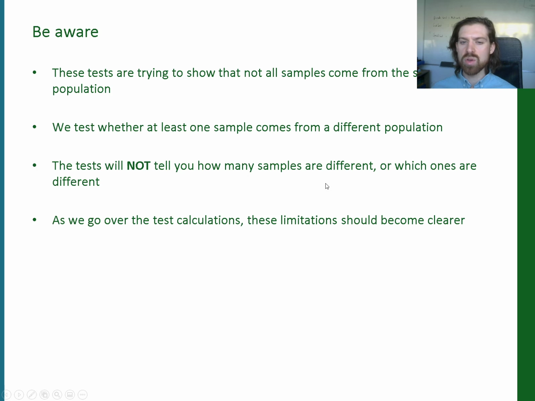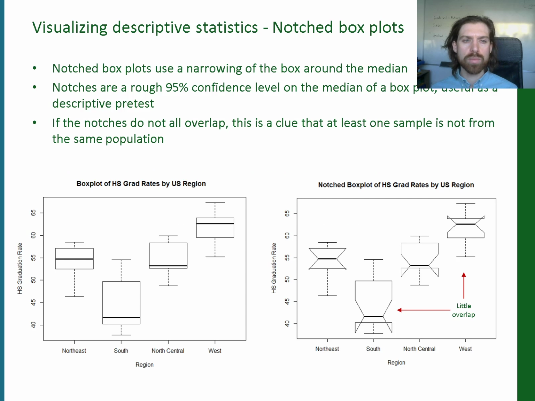So it doesn't tell you how many samples are different, or which ones are different. So these limitations are important, and hopefully now we've gone over this, and we will go over the math in the rest of this lecture. When we move on to the lab work, we can actually work through the math on a line-by-line basis, and hopefully then it's a lot clearer than it is now.